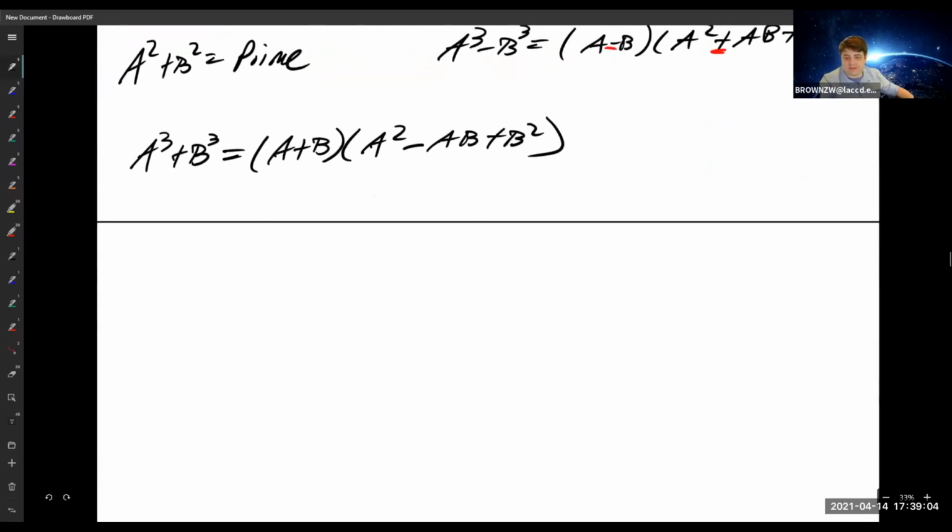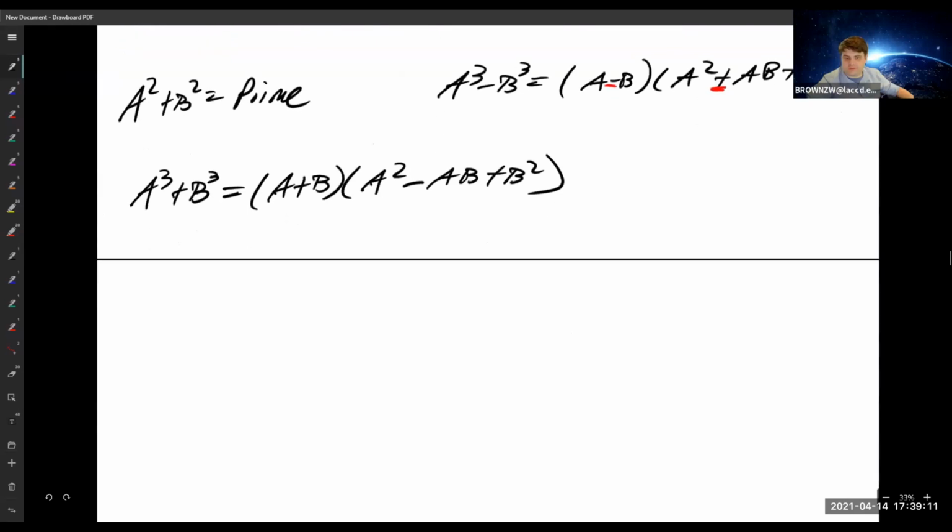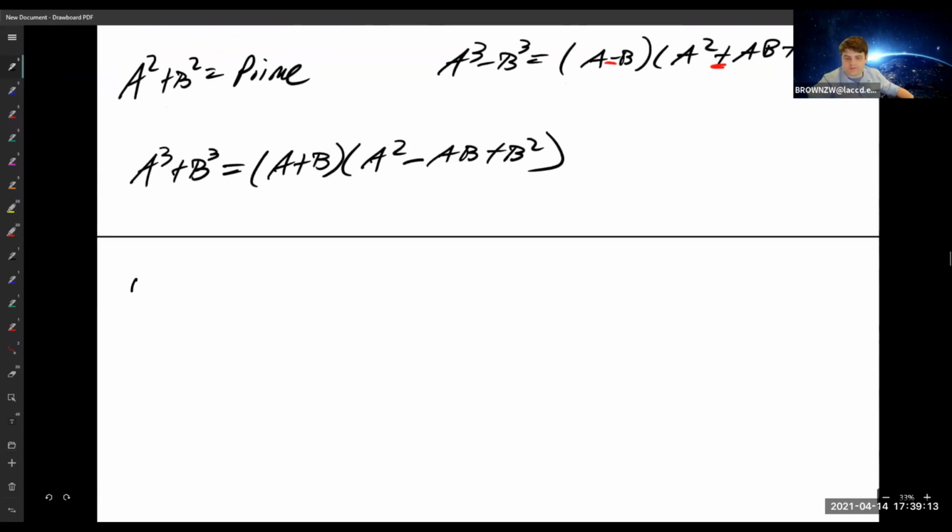So if I have something like, let's see, what have we done? 64 yet. So let's say I have 64y cubed plus 1. 64y cubed is a perfect cube of 4y, and 1 is just a perfect cube of 1. So we can go through and factor this into a plus b.